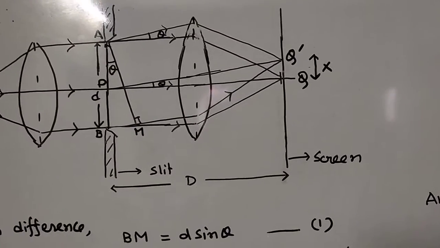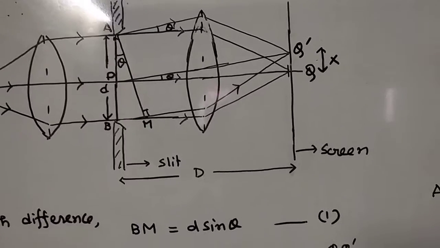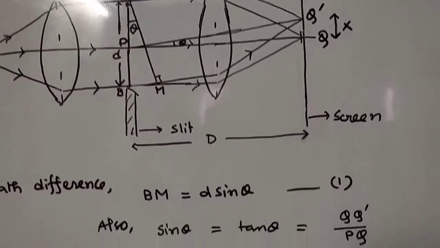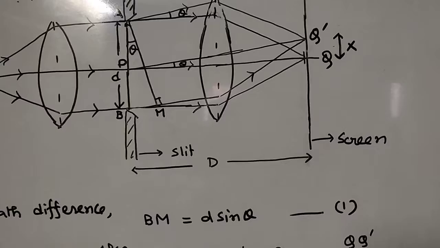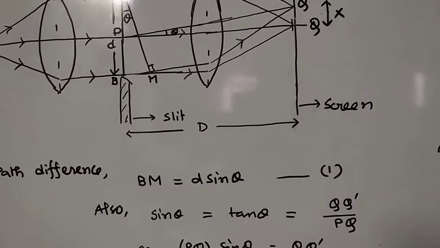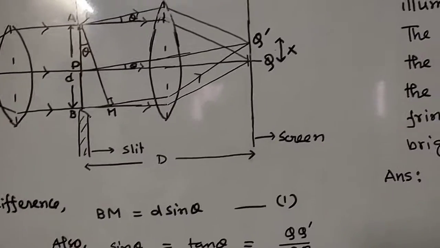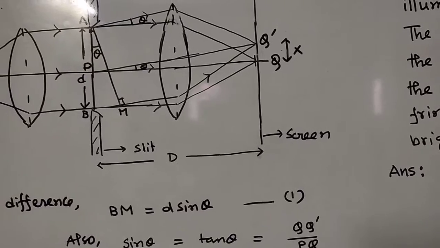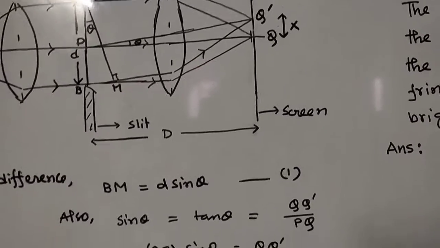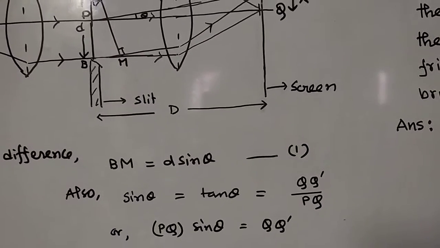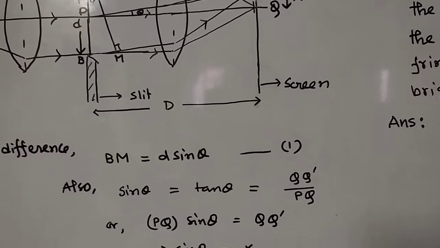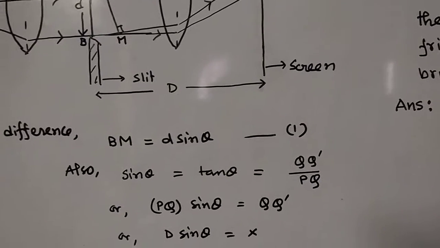And if you consider another triangle PQQ dash, you can consider sine theta as tan theta, because theta itself is very small, that's why you can consider sine theta equal to tan theta. So if you consider tan theta, then it comes out to be QQ dash by PQ. So sine theta equals QQ dash by PQ.